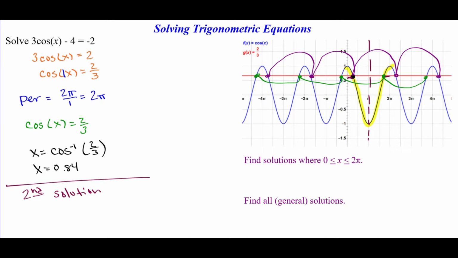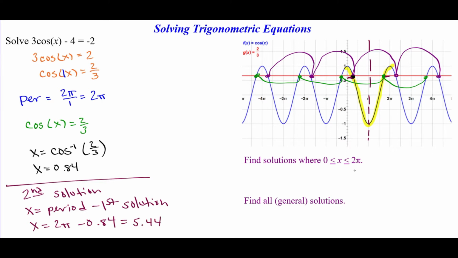So again, we're going to subtract, but this time we're going to subtract from 2 pi, so we're going to subtract from the whole period. So my second solution here is x equals my period minus my first solution. So in this case, that's going to be 2 pi minus the 0.84. So just using our calculator there, we're going to get 5.44.